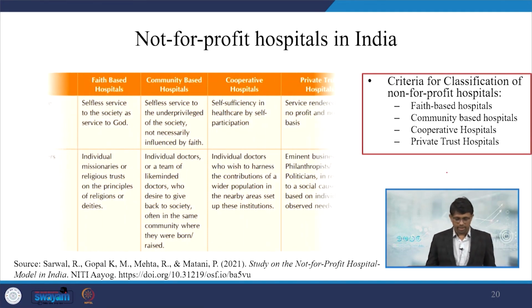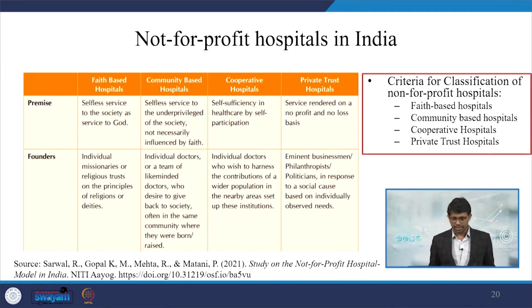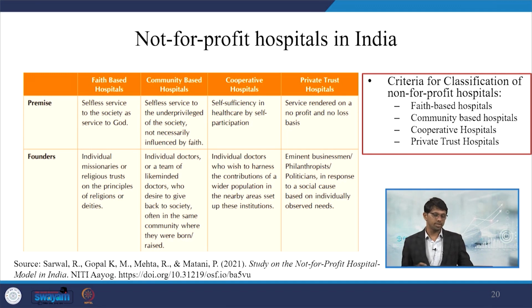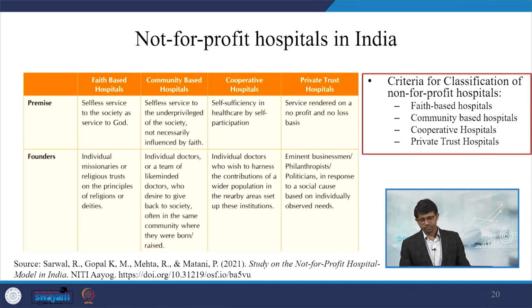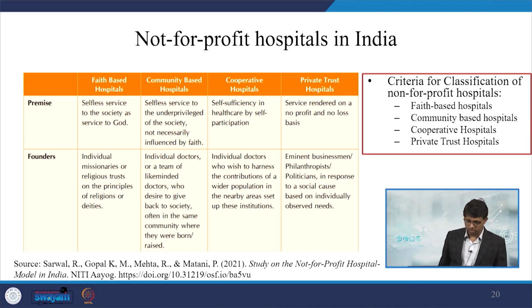Okay. And here in the Indian case, not-for-profit hospitals sometimes have different premises in different setups: faith-based hospitals, community-based hospitals, cooperative hospitals, private trust hospitals. The classification in the Indian context is largely on the four aspects which I just said, these four indicators. You can see the differences.